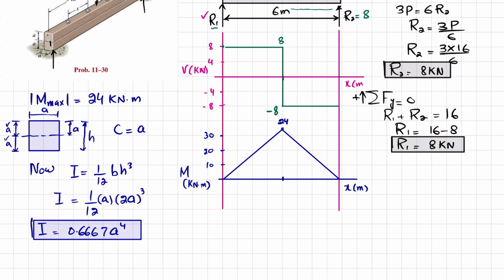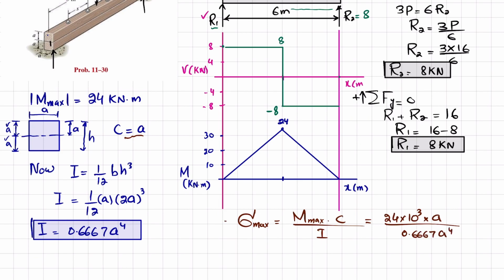You can just go and check the maximum bending stress, which is equal to maximum bending moment into C divided by I. So maximum bending moment is 24 kilonewton meter, so 24 into 10 raised to power 3. C is equal to A, so multiply by A divided by I, which is 0.667 A4.